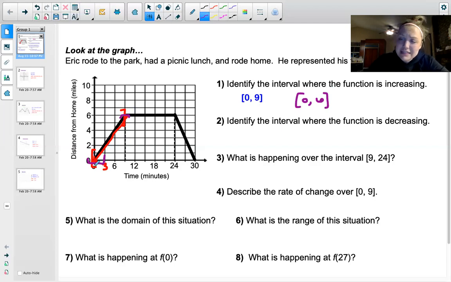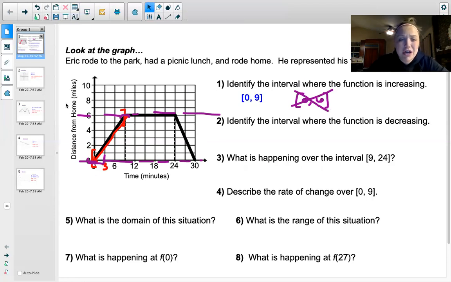The reason we can't say that it's always increasing from 0 to 6 on the y-axis is because the y-axis covers an entire up and down section from 0, I'm going to draw this with dashed lines, all the way up to 6. Everything between those purple dashed lines is not increasing, which is why we don't want to use the y-axis. We always want to use the x-axis when we're talking about increasing and decreasing intervals.